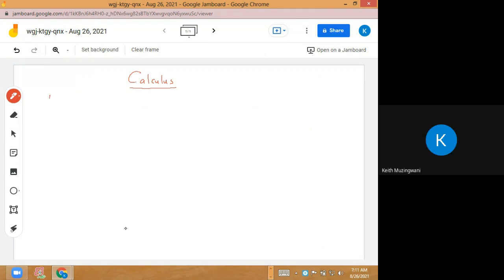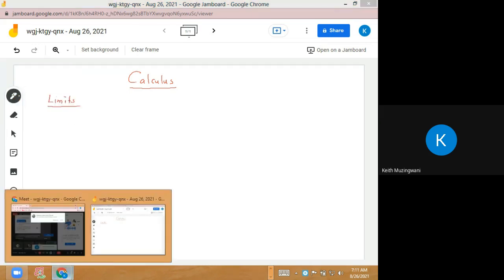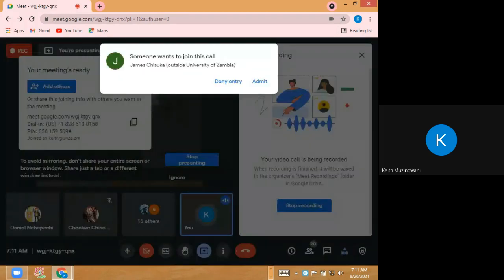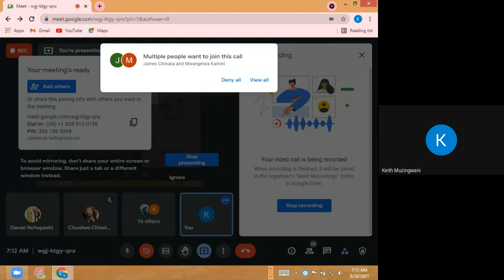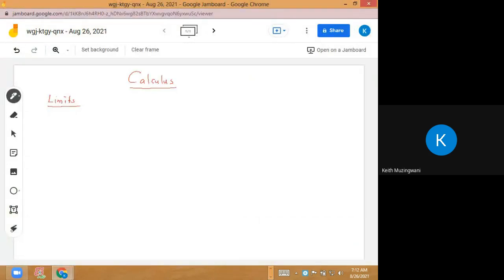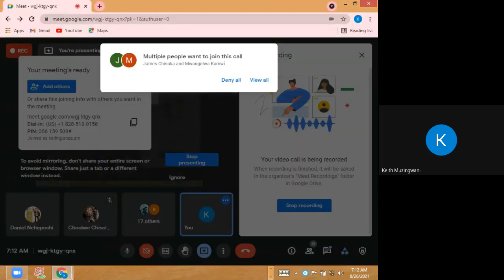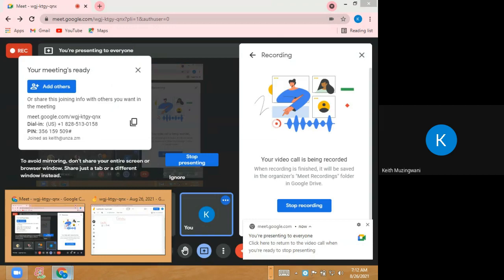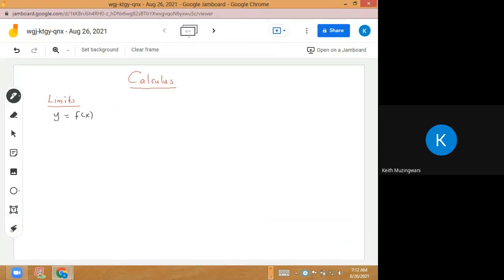Calculus, the first thing that we look at is this subtopic here, limits. Now I'm going to define limits in a very simple way. So given the function y is equal to f of x, f of x is equal to y.